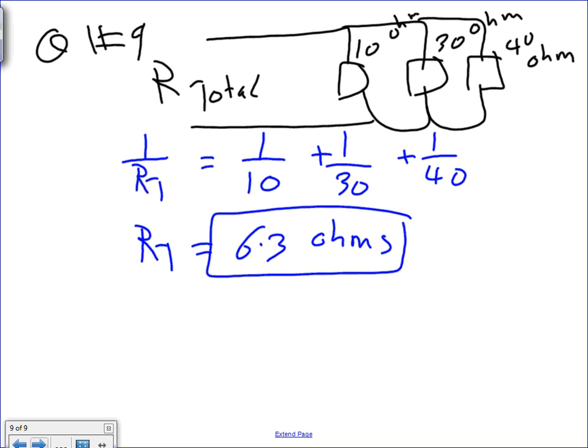Okay, the last one, after number 9, is even easier. By the way, just so you know, all these rules of parallel circuits, and inductance and capacitance, are in 1-17.